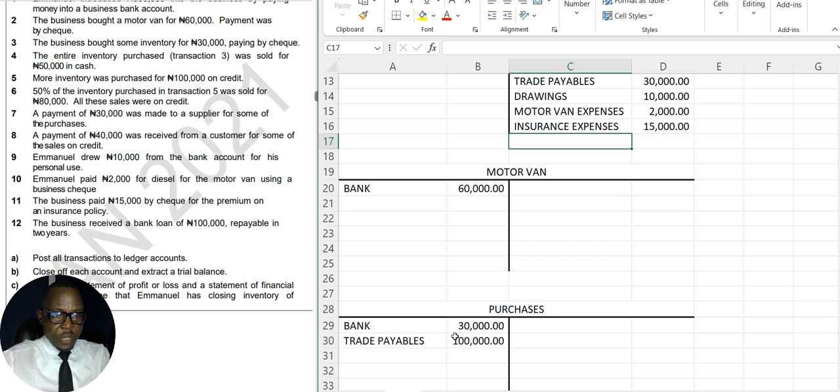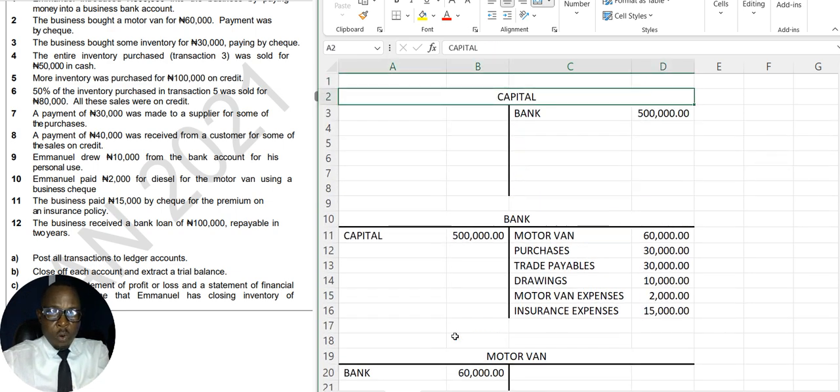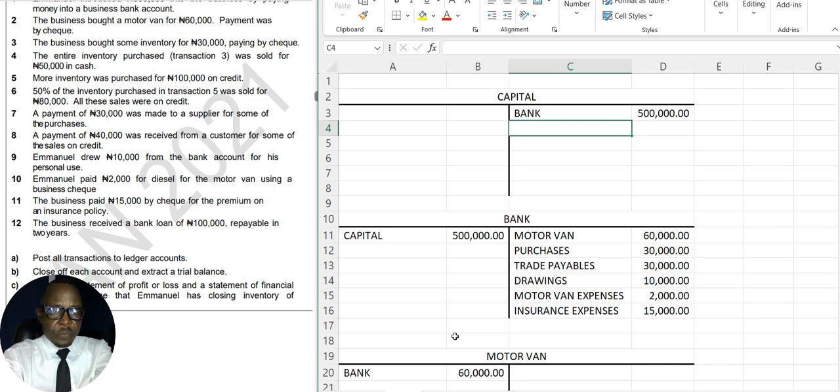The business received a bank loan of 100,000 naira repayable in 2 years. Now look at it. Your concern for you to create a ledger is basically the capital part of it. The capital is affected, that is, the capital of the business has increased and it is through bank. So you go back to your capital up and you put loan. Who is giving us the loan?